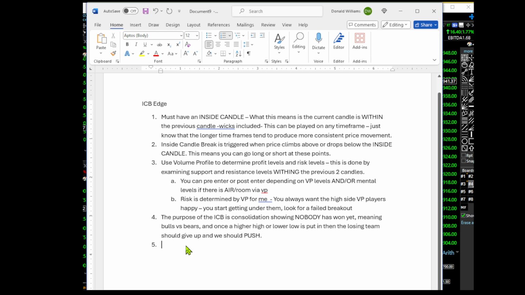At this point, whenever I enter a trade, I immediately prepare the risk side, and if I am stopped out, I start looking for the failed breakout, failed breakdown, right?